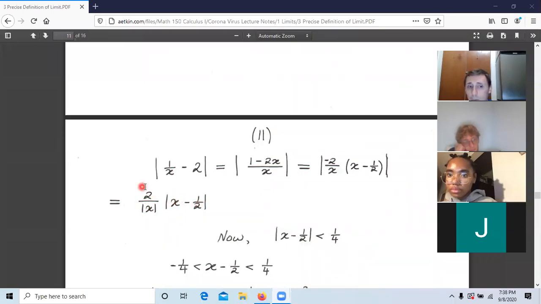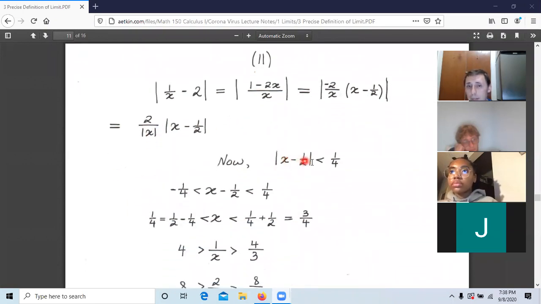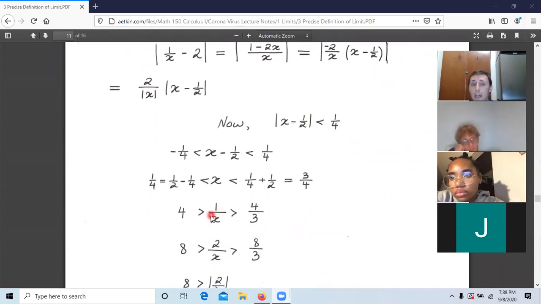So I have to manufacture and replace this with 2 divided by the absolute value of x. Absolute value of x minus 1/2 was less than 1/4, which means x minus 1/2 was between minus 1/4 and 1/4, correct? Which means x, I just add 1/2, is between 1/4 and 3/4. When I take the reciprocal, 1 over x will be smaller than 4 and bigger than 4 over 3.